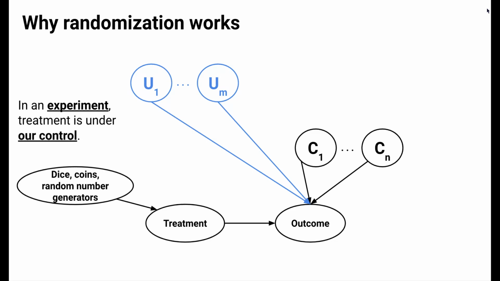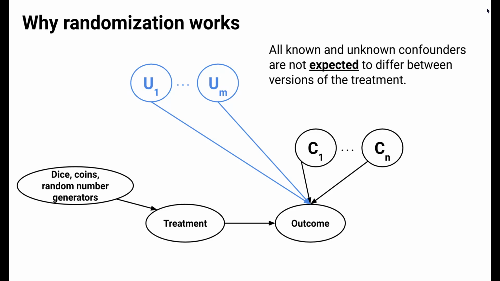We experimenters are the only cause of treatment through whatever randomization device we use: dice, coins, or computer random number generators. Because randomization breaks the arrows from the confounders to treatment, they no longer confound our comparison.